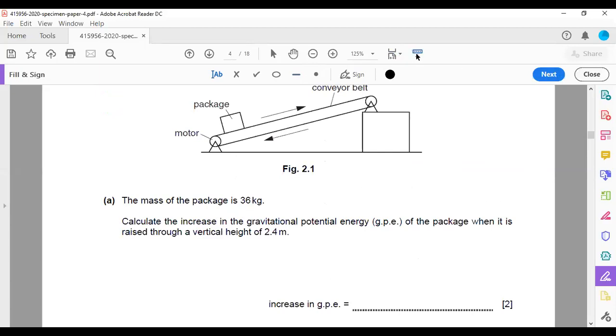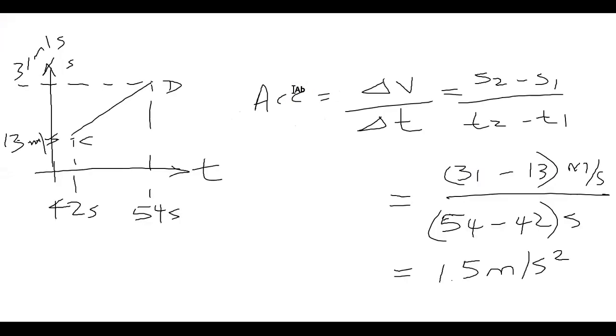So your gravitational potential energy is this formula here. Potential energy, or we just call it EP, is equal to mass times gravity times height.